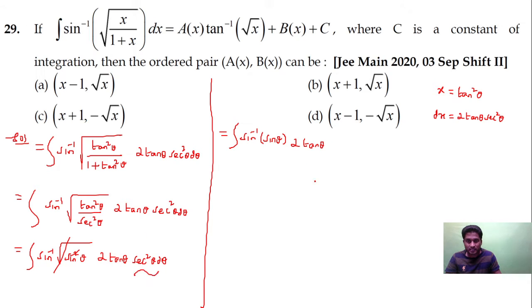This sec square theta d theta, I will write as d of tan theta, since d of tan theta is equal to sec square theta d theta only. So take 2 outside. Sine inverse of sine theta will be equal to theta, and then you get tan theta d of tan theta. Let us use by parts. This will be first, and this will be second.